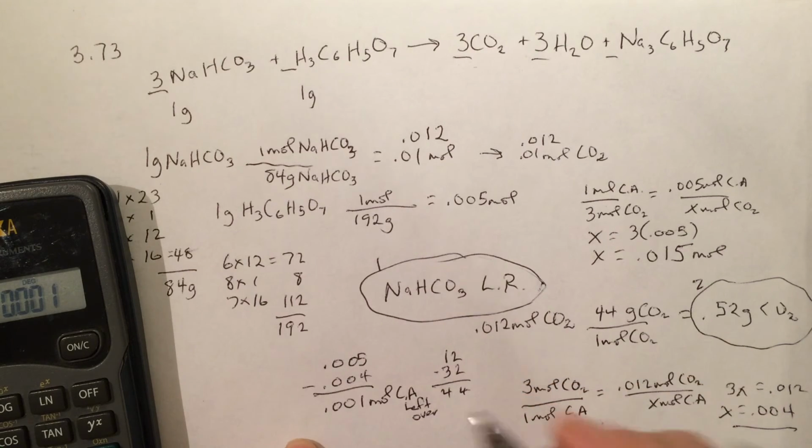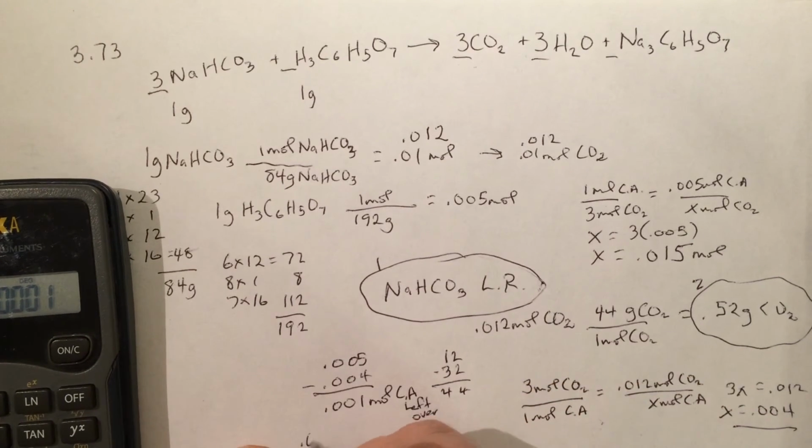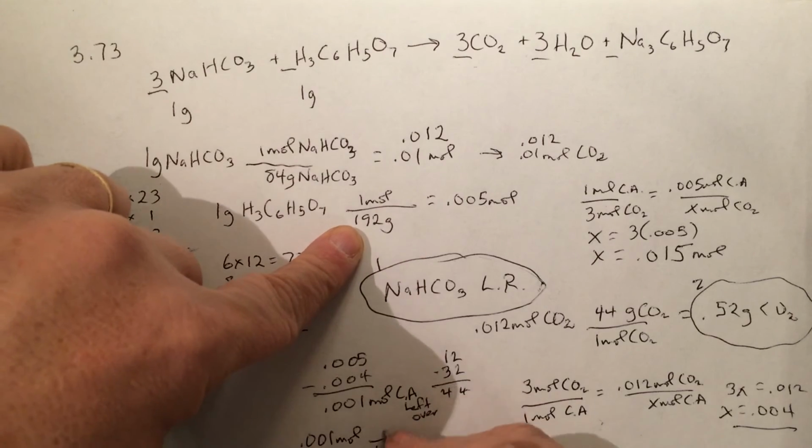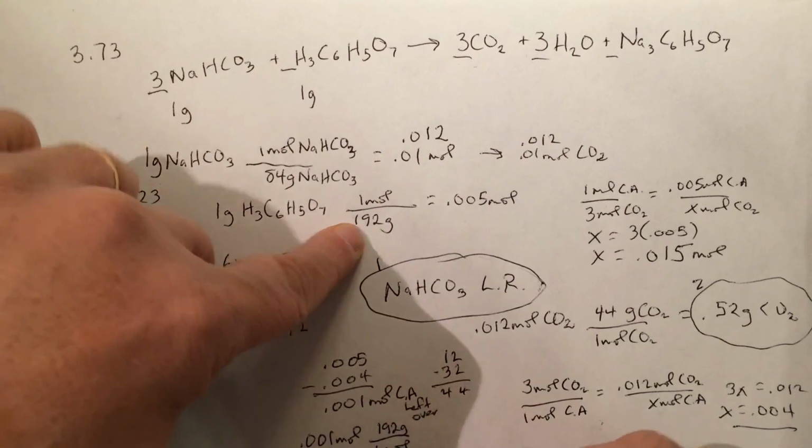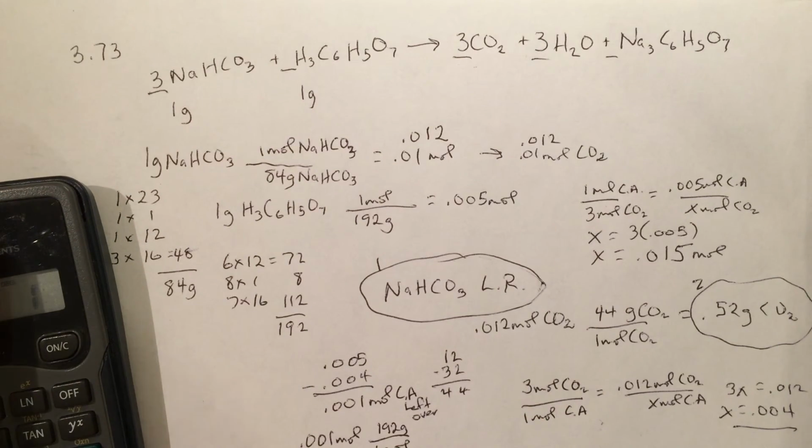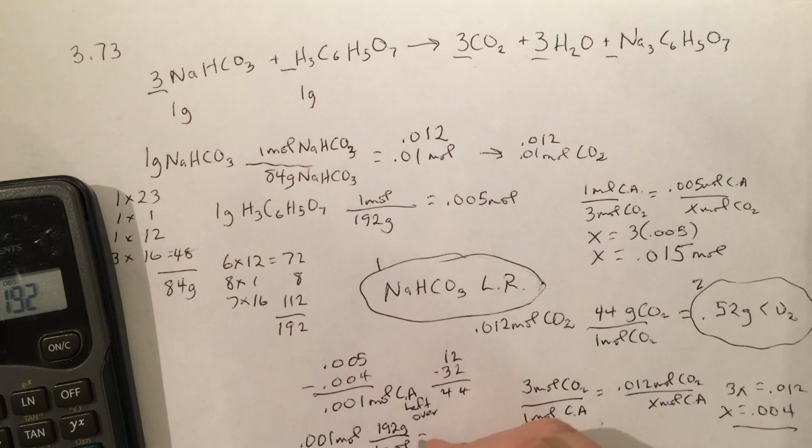And if they want to know how many grams that is, we have to go through the periodic table again. This is moles. And in 1 mole, there were 192 grams, which equals 0.192 grams left over.